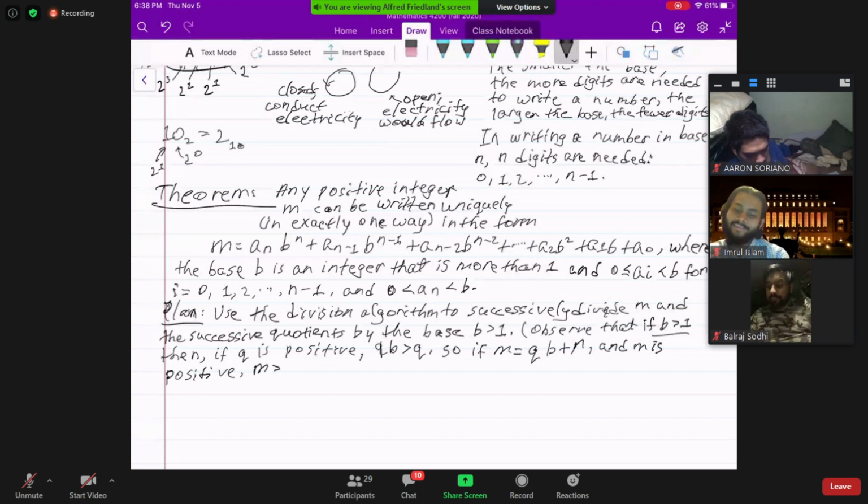So M would be greater than or equal to QB.